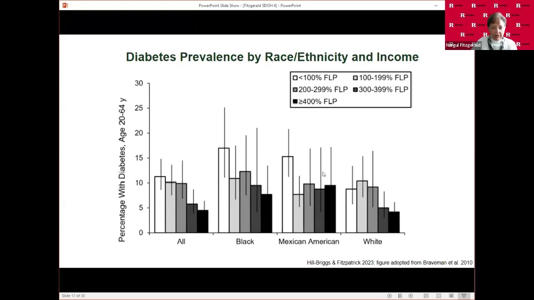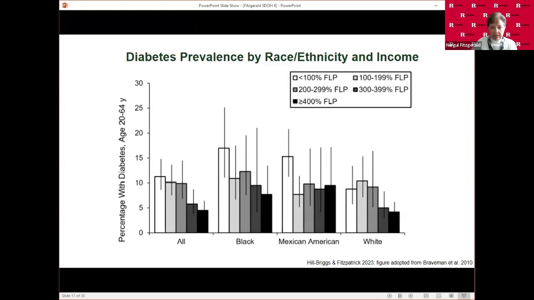So in every category, not in every category, but in Blacks and Mexican Americans, the lowest income level by the federal poverty level had the highest prevalence, the highest percentage of the population with diabetes.